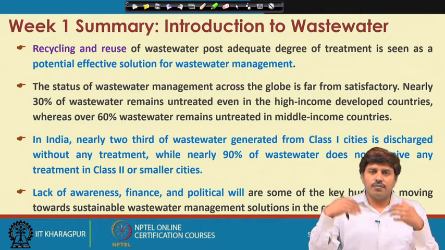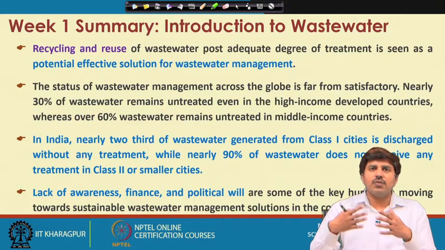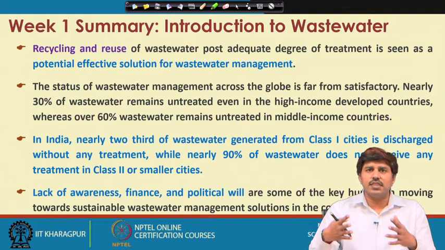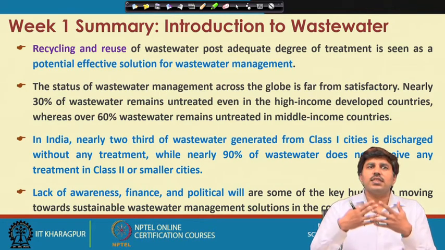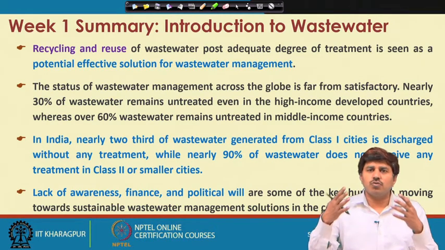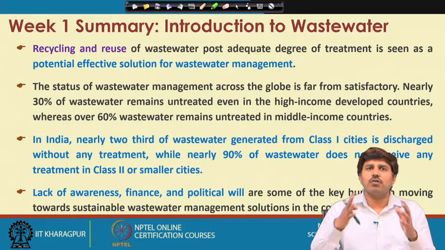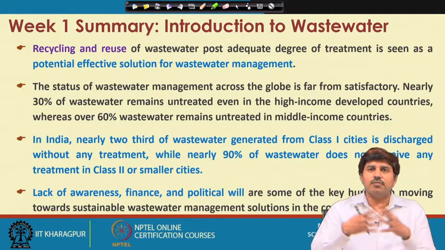We discussed the status of wastewater generation and treatment in Indian cities. In class 1 cities almost 2/3 of wastewater goes untreated, and just around 1/3 gets some sort of treatment, which may not be completely adequate, because often only primary or secondary level treatment is provided.